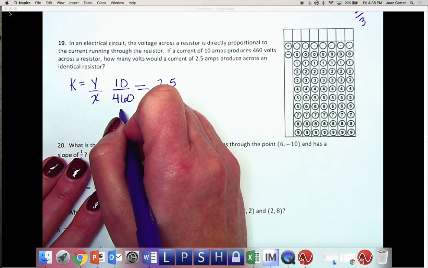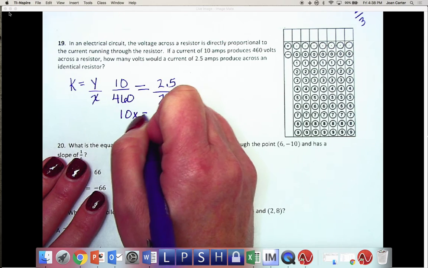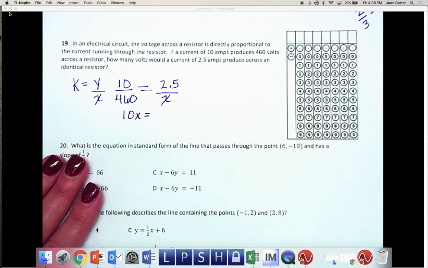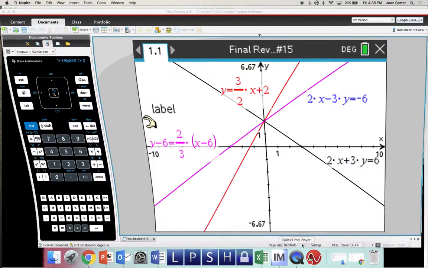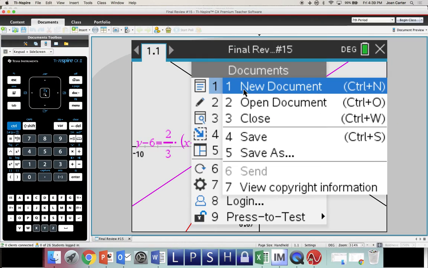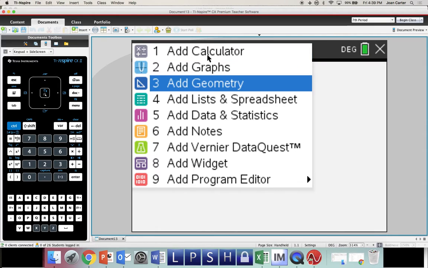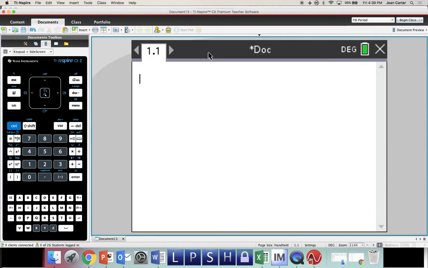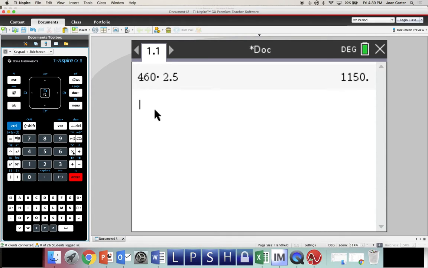Okay, so I can cross multiply. I'm going to get 10x is equal to, and I'm going to need a calculator, so I'm going to come here. I'm going to open up a new document. I just need a calculator here. So I need 460 times 2.5, and that is 1,150.